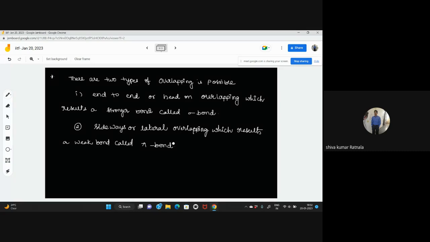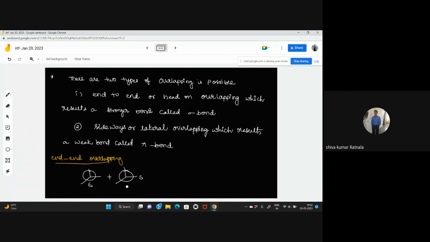Simply, I will try to draw how end-to-end overlapping will take place, in diagrams. How will it be here? So this is an s orbital, and this is one more s orbital of the same or a different atom.